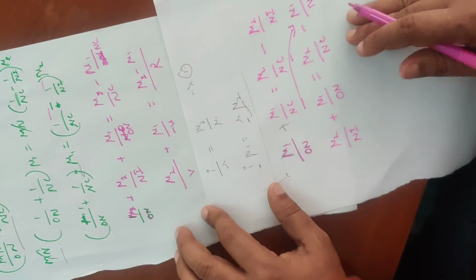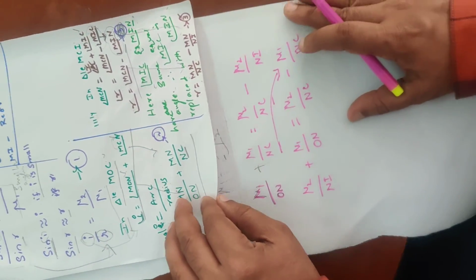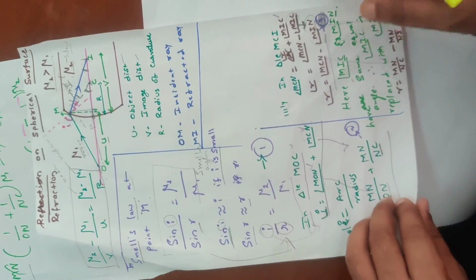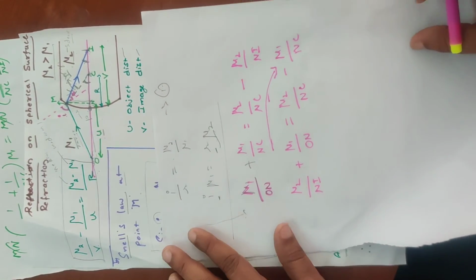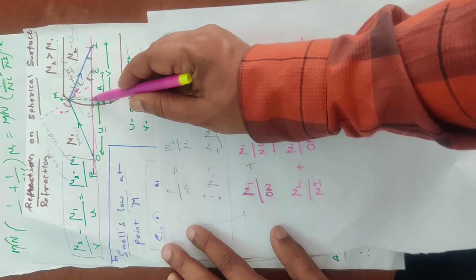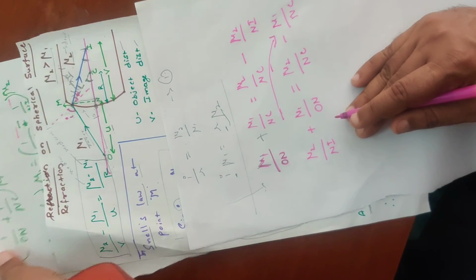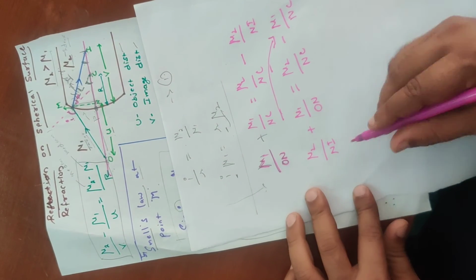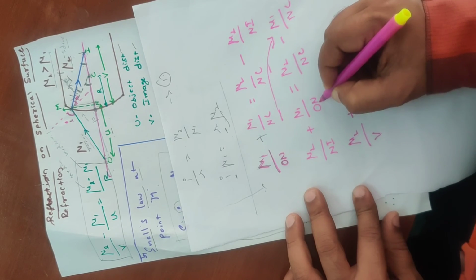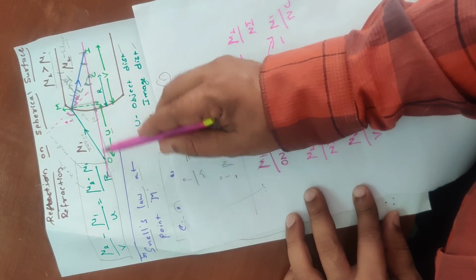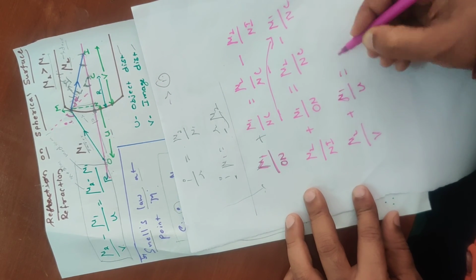Now what I get, that is, what is NI? From the figure, NI is nothing but N into I. What is this? It is v. Therefore I write mu2 upon v plus, what is ON? In the figure, O to N is u. Therefore it is mu1 upon u is equal to mu2 upon NC.